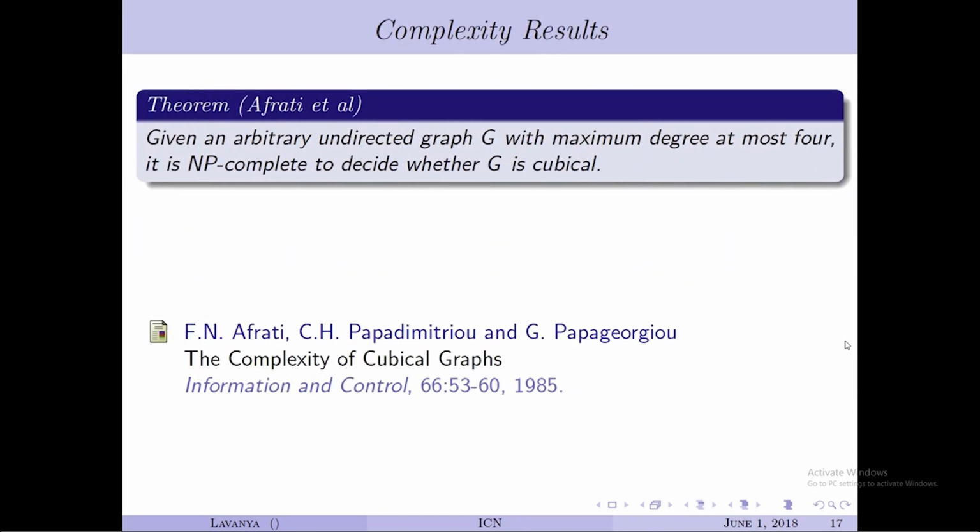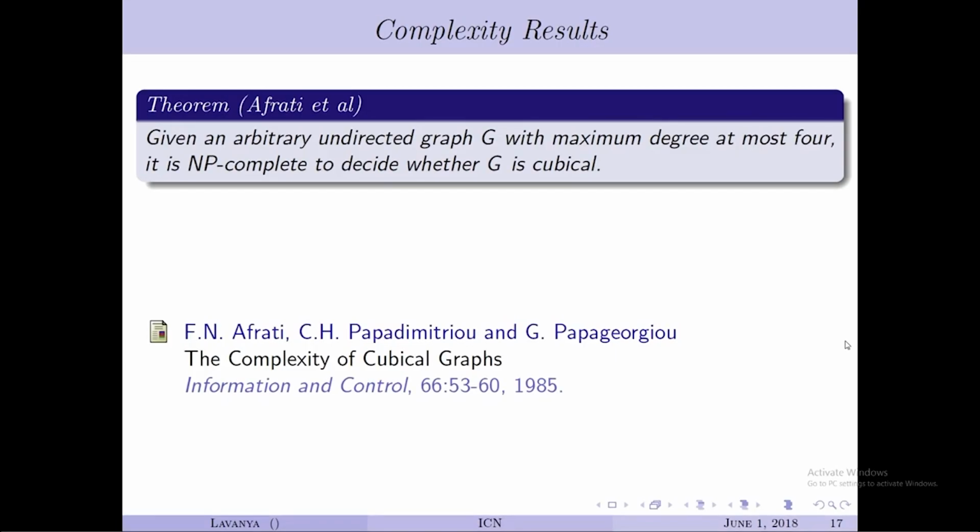Right. Now, about complexity: if I give you any arbitrary undirected graph with maximum degree at most 4, even for such a graph it is NP-complete to decide whether it will sit as a subgraph in any hypercube. So, this problem is again NP-complete: deciding whether a graph G is cubical or not.